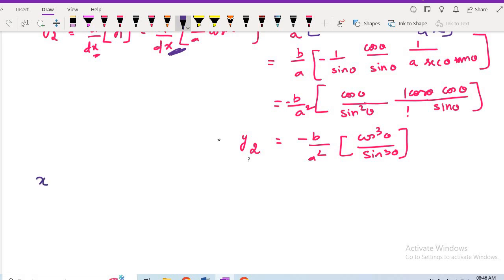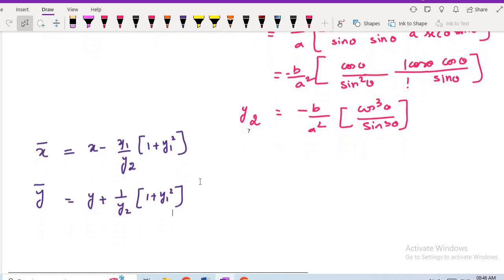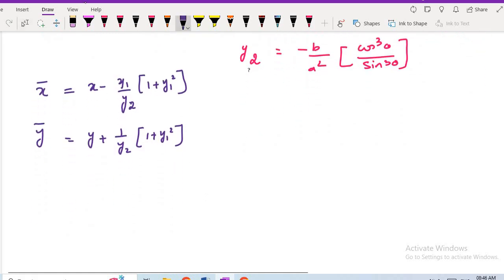We have to write the x bar and y bar formulas, and in that we have to eliminate theta. So the x bar formula is x minus y1 divided by y2 into 1 plus y1 square. This is the x bar formula, and the y bar formula is y plus 1 divided by y2 into 1 plus y1 square. Now you can substitute the result.